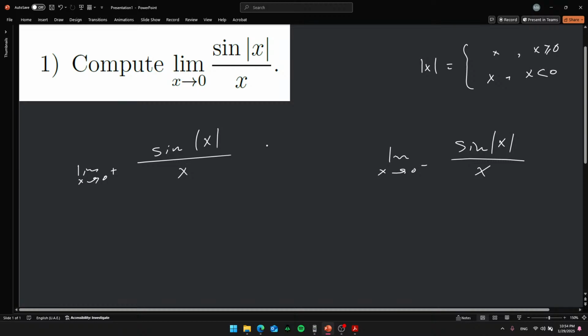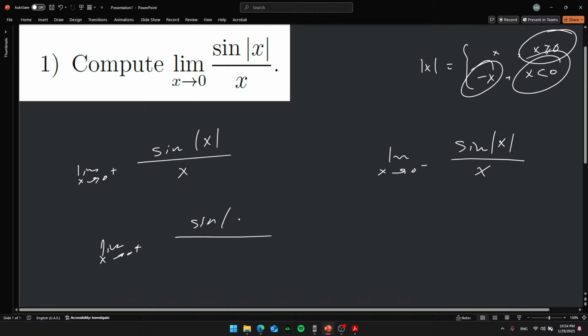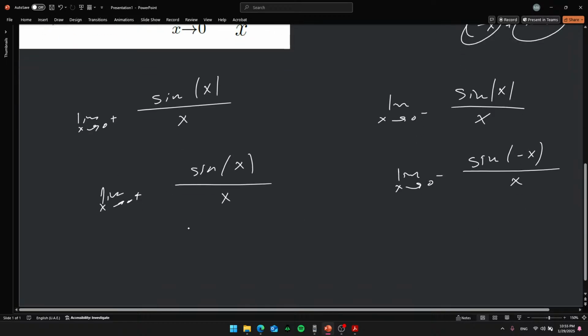From the right we'll use x, and from the left we'll use negative x. So limit as x approaches 0 from the right is simply 1.